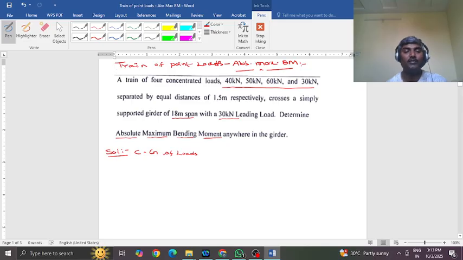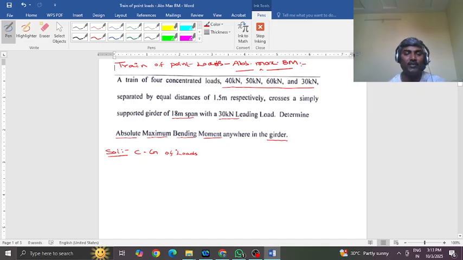Now the chosen load which is nearest to the CG, and the CG that you have worked out, those two shall be placed equidistant from the midpoint of the girder or the beam.